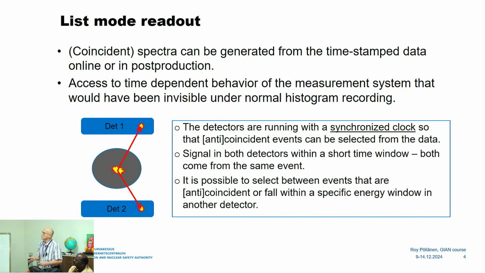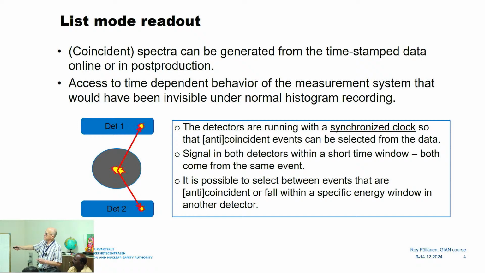So, coincident spectra can be generated from the time-stamped data online or in post-production. So, you can see here, this is the sample. This can be a gamma ray spectrometer and this can be an alpha spectrometer.